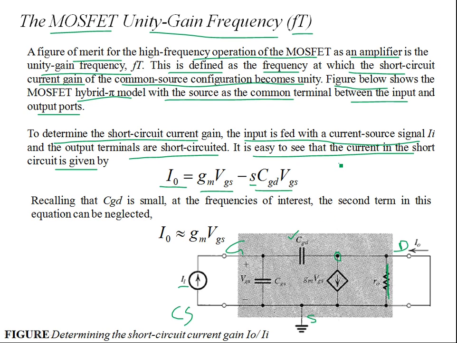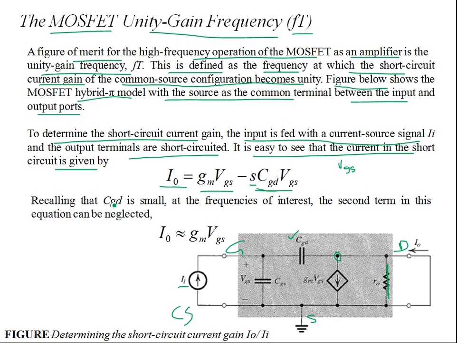Because the capacitive reactance is of this form, you can write the current through CGD. You have to take the ratio; it's basically VGS divided by 1 over sCGD, so this comes in the numerator with the VGS.